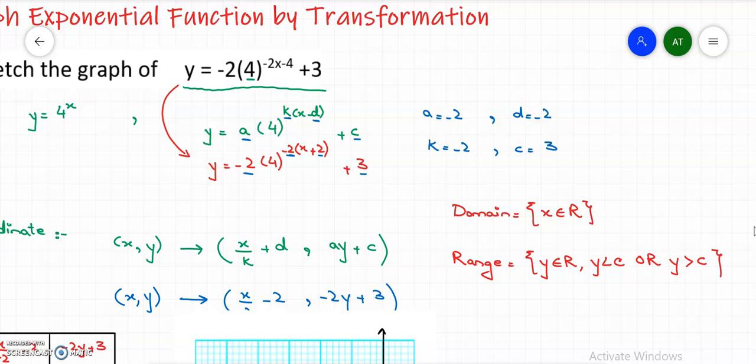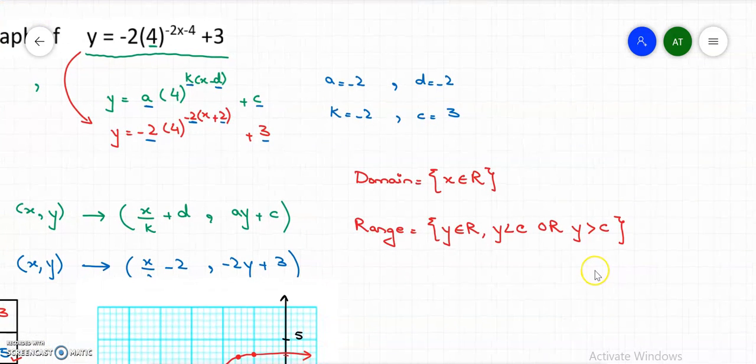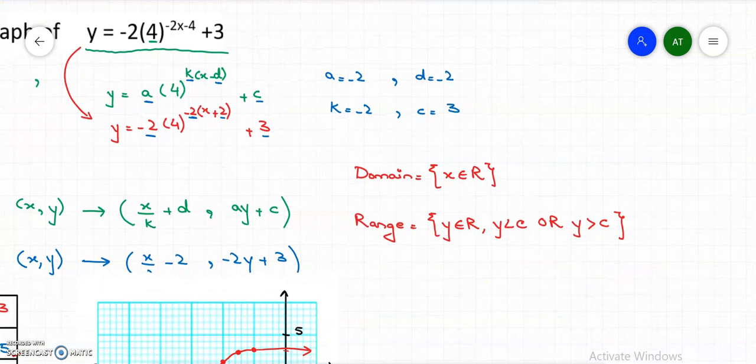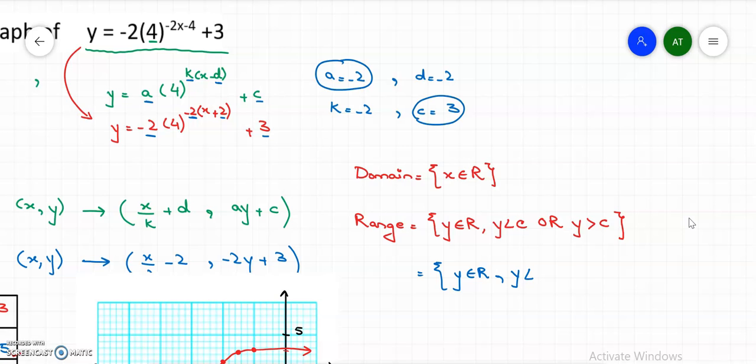The inequality sign depends on the a value. When the a value is negative, we use the sign of less than, and when the a value is positive, we use the sign of greater than. In our case, the a value is negative 2, so y is less than c, and my c value is 3, so the range is y less than 3.